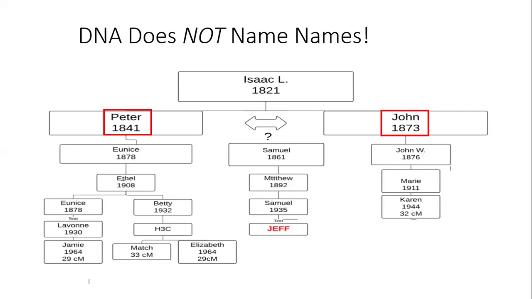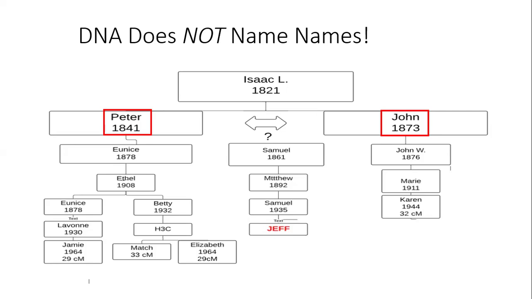That's when traditional genealogy comes into play. You've got to find the resources, the records that will help you put the right person in the right place at the right time. You're lucky if Peter went off to college and was gone for four years, then you could probably rule him out and identify John. But if they're both in the same area at the same time, and either one of them could have done it, it's a little harder to figure out.